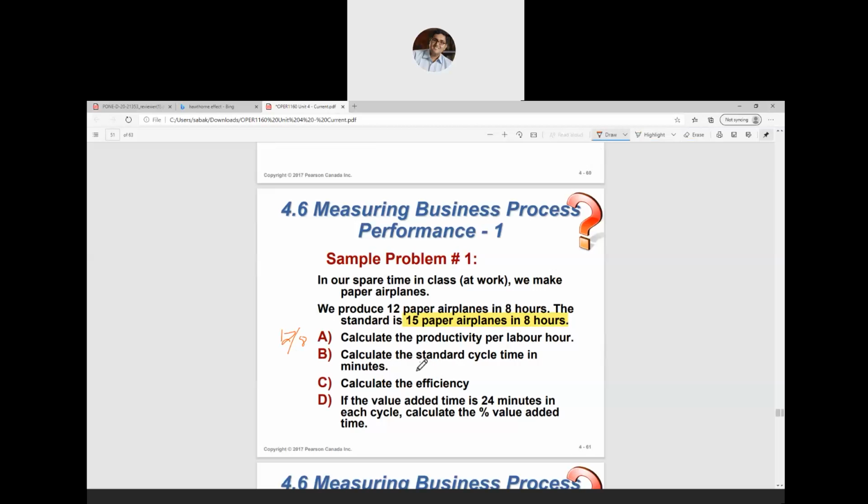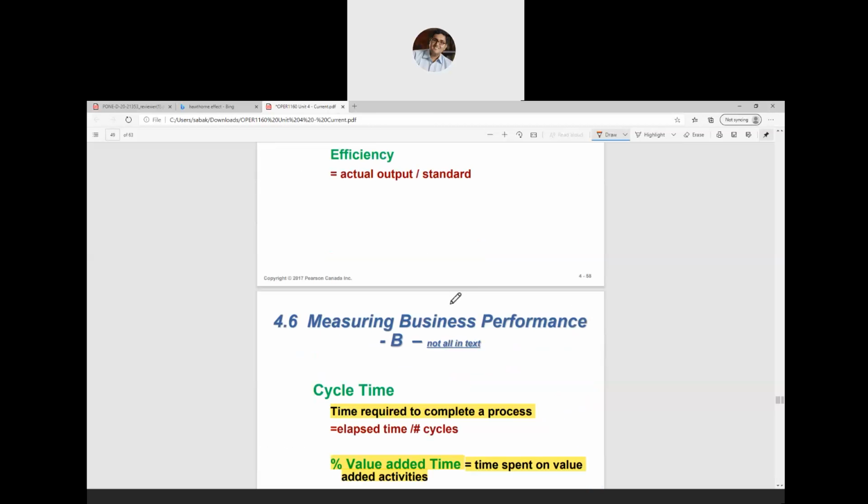So one airplane can be made in 8 divided by 15 hours. Now 1 hour is 60 minutes. If I multiply that by 60 minutes, I get 32 minutes. So 32 minutes is my cycle time. So the answer B is 32 minutes.